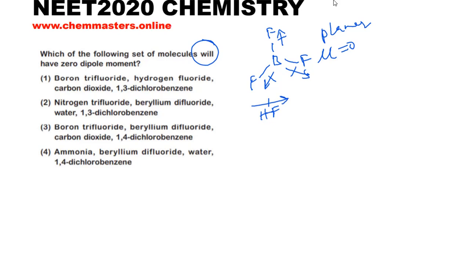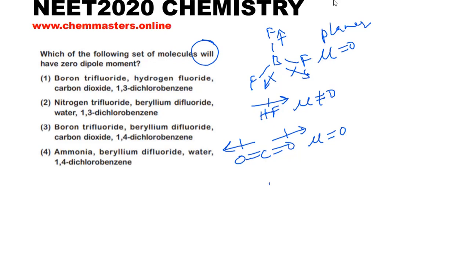In this case, the dipole moment is not equal to 0. And next one, carbon dioxide. You can see carbon dioxide is in linear shape, and the two oxygens drag electrons towards them. That's why the dipole vectors are cancelling each other. In that case, mu equals 0 for carbon dioxide.